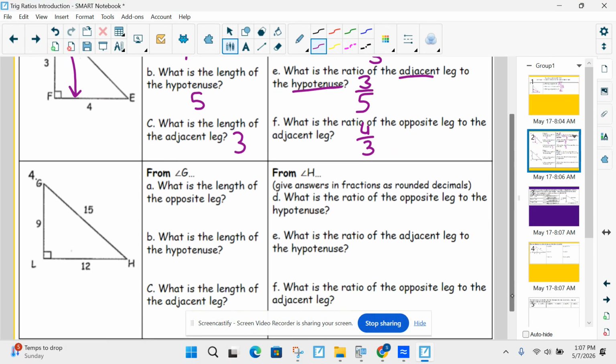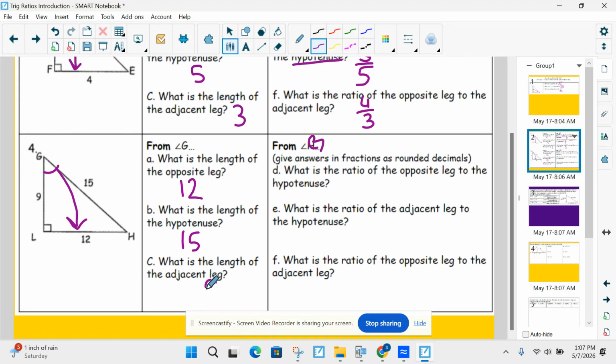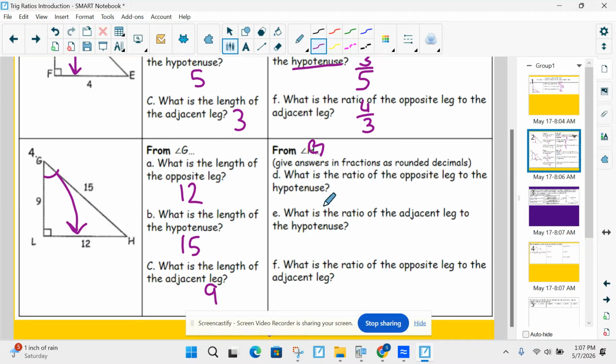In the second triangle, we're looking at angle G for both of these. So the opposite leg to angle G is 12. The hypotenuse is 15. And the adjacent leg would be 9, because that's the leg that's touching it. So then we can find the ratios.